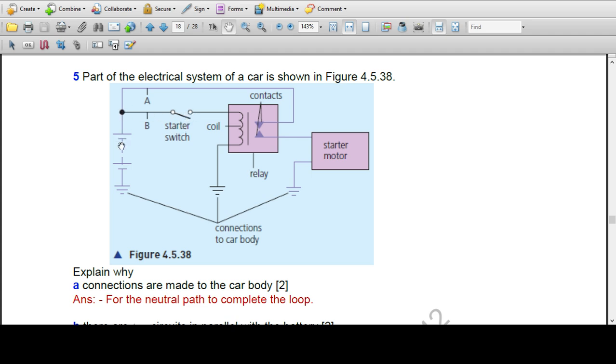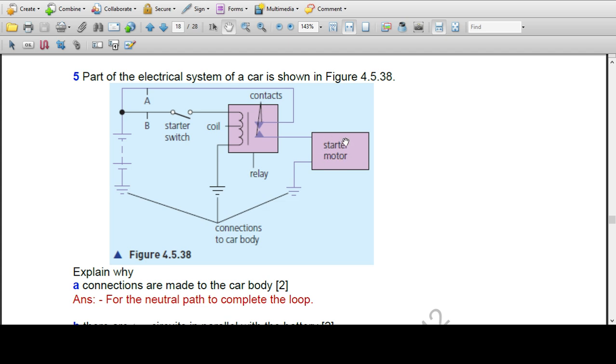So this voltage is applied to this coil, and as a result of this supply, this magnet will make this contact of the relay, and as a result of this contact, power from this battery is applied to the starter motor. This starter motor will start or crank the engine.